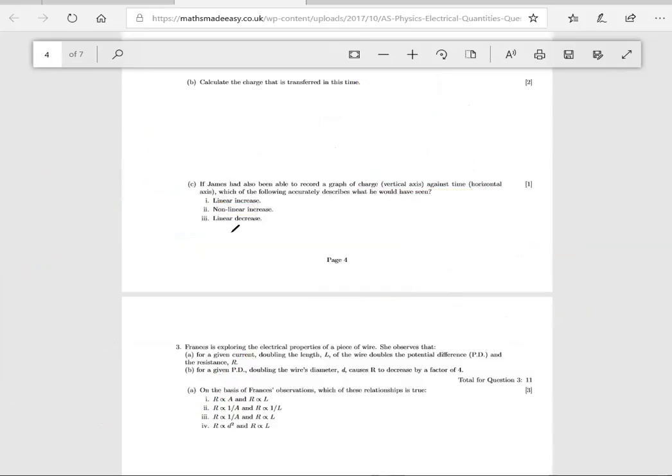So the answer in the mark scheme is non-linear increase. Yeah. The number of charges. Go to part B. It links to part B, that's why.